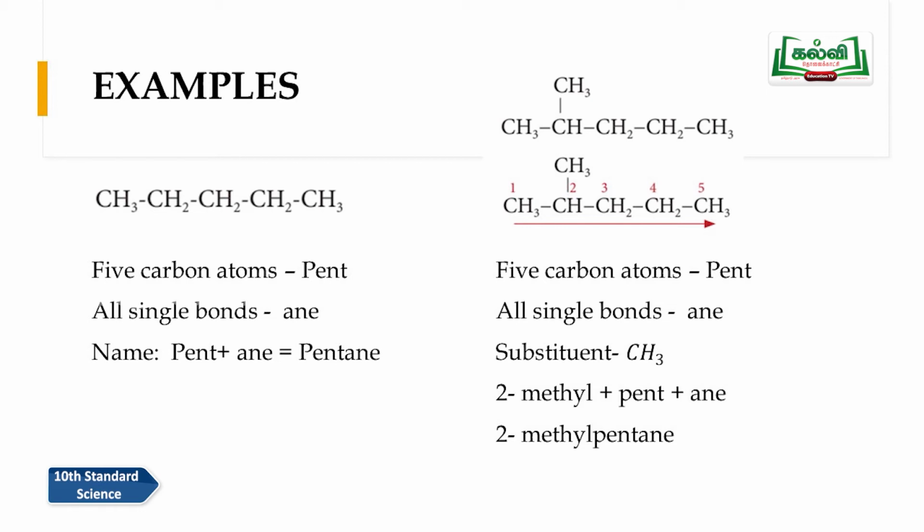All are single bonds, therefore it is ANE. The substituent is CH3 and CH3 is called the methyl group. Methyl group is present on the second carbon atom. So, we write it as 2-methyl and 5 carbon atoms, so pent plus ane, and the name of this organic compound is 2-methylpentane.